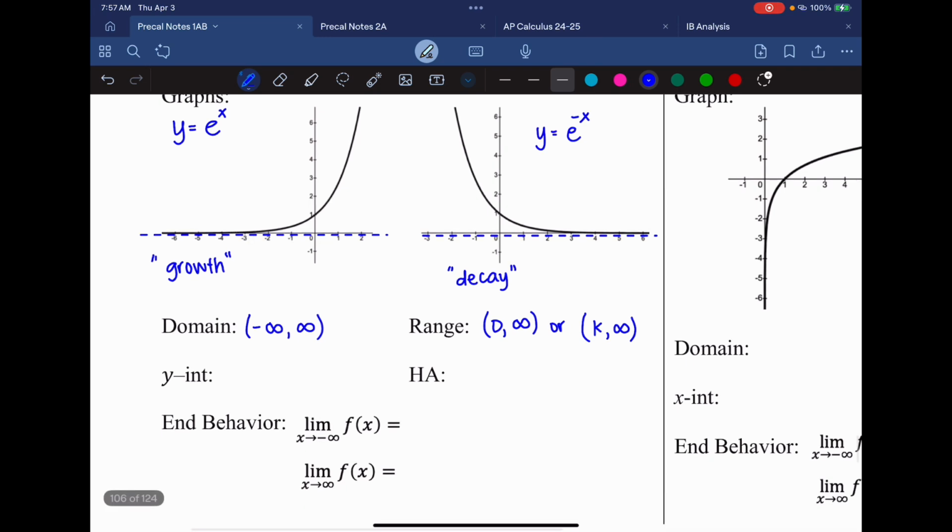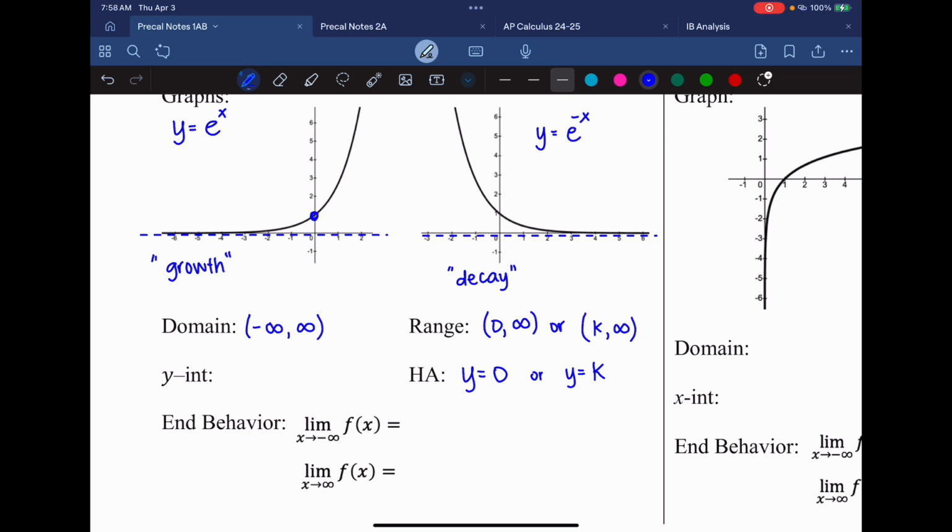Your key points on these, the two things that you're going to use to graph, are the horizontal asymptote, which is at y equals 0, again for the parent function, or y equals k if there's been a vertical translation, and the y-intercept.